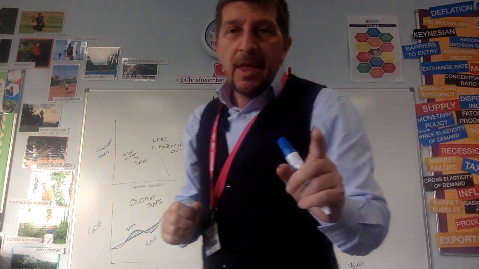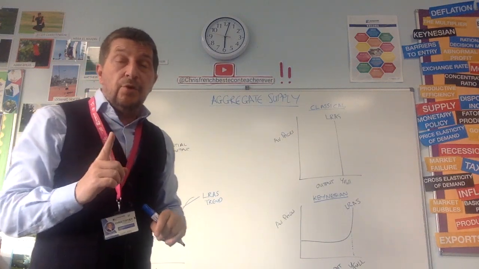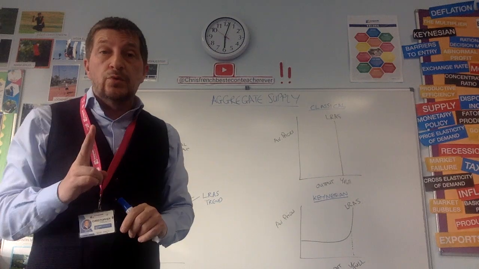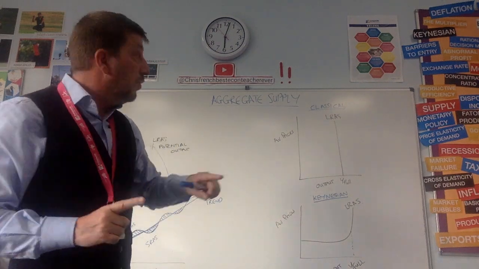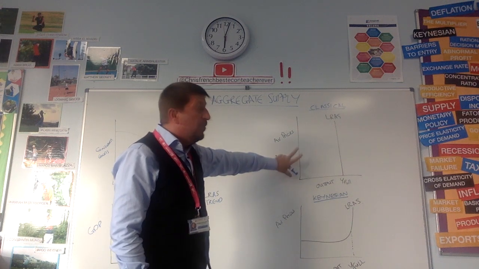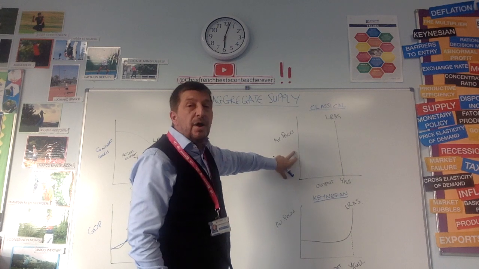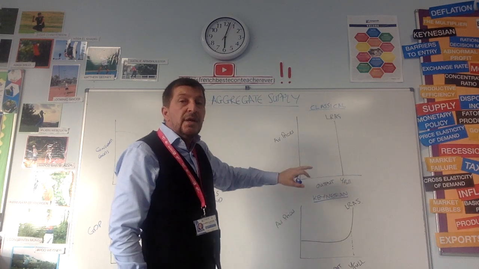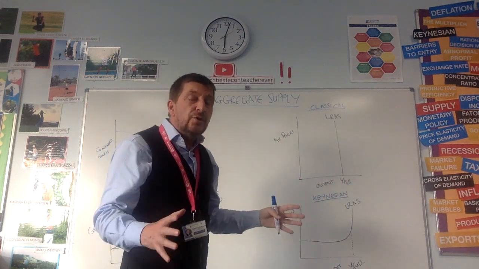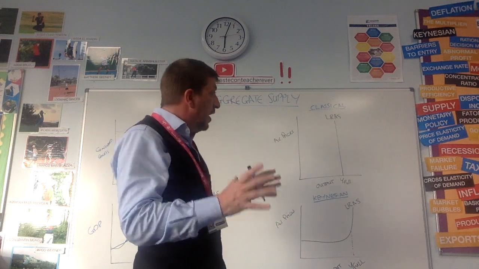So, to complicate matters even more, we don't just have one school of thought about aggregate supply in the long run, we have two. The first is called the classical school of thought. It believes that if you allow a free market economy to operate, the equilibrium in the market will settle at full employment, at full output.